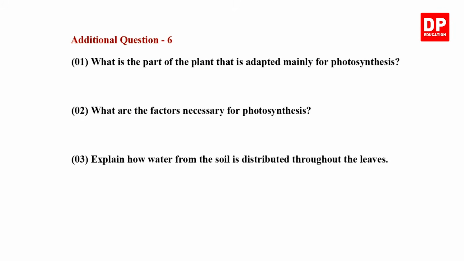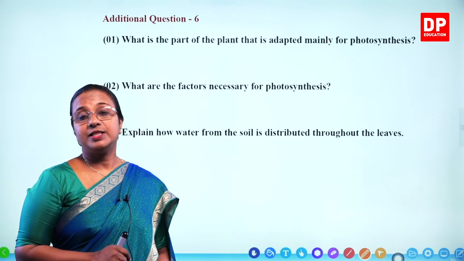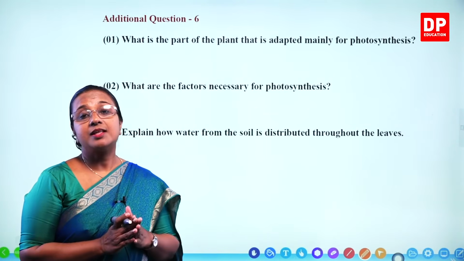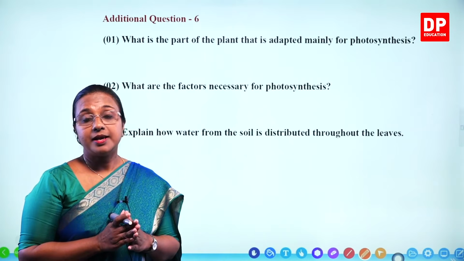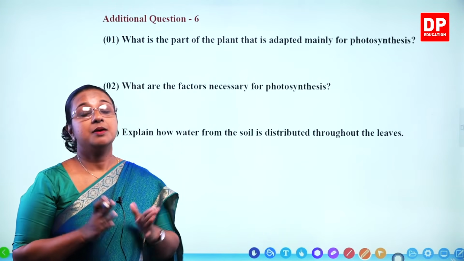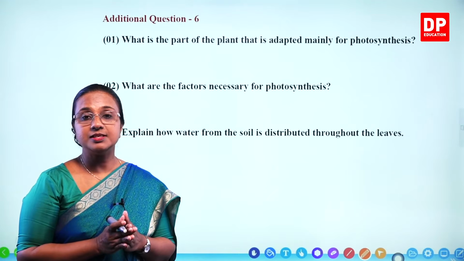Next question. Additional question 6. What is the part of the plant that is adapted mainly for photosynthesis? I discussed this with you all before. Leaves are the main parts of the plant that are adapted for photosynthesis. But in young plants, the stem also can carry out photosynthesis.